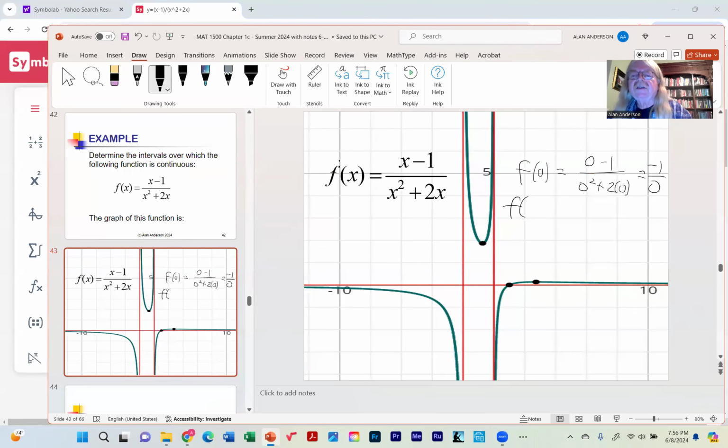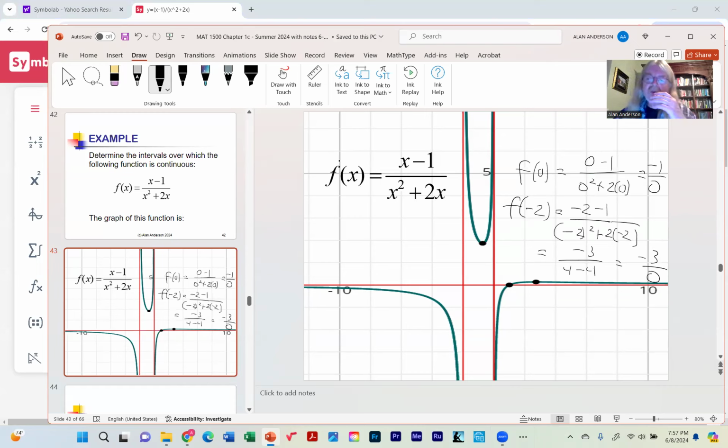What happens when x equals -2? With -3 over 4 minus 4, there you go. It also leads to division by 0.